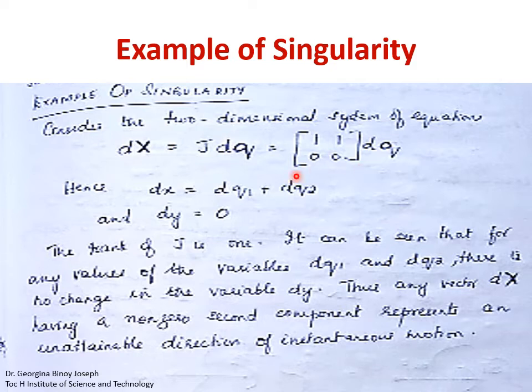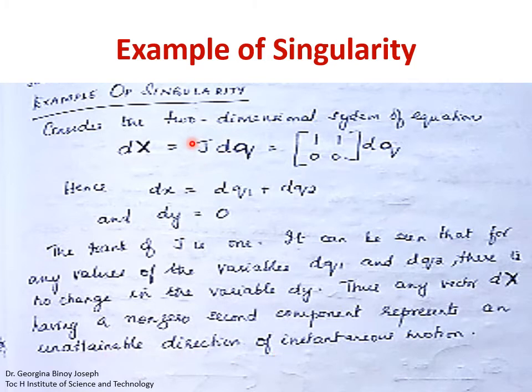You can see that if the joint variables q1 and q2 change, there will be a change in dx. But for this particular configuration of the robot, there is no change in dy. So any vector dx having a non-zero second component in this case represents an unattainable direction of instantaneous motion.